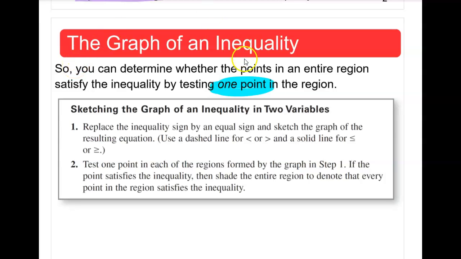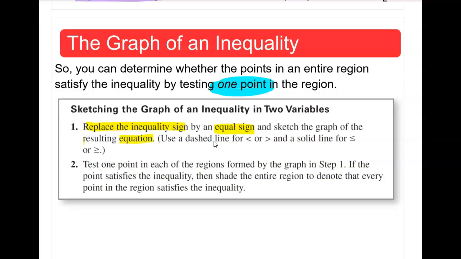Before we determine the area that contains all the solutions, we will replace the inequality sign with the equal sign, just like we said we will treat it as an equation first, and then we sketch the graph of that equation.